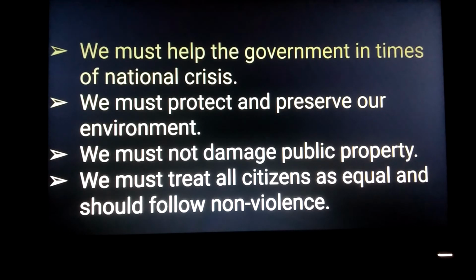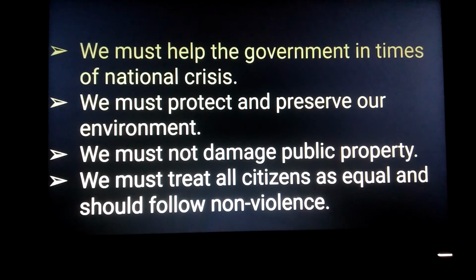It is also a type of help, and it is our duty that we should help people at this national crisis. We must protect and preserve our environment, and we must not damage public property, and we must treat all citizens as equal and should follow non-violence.